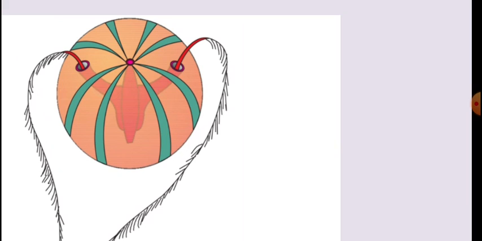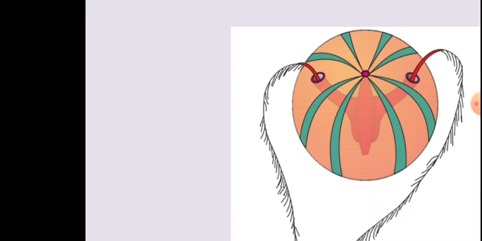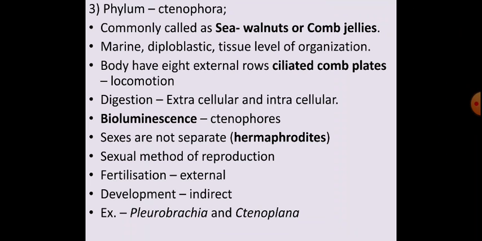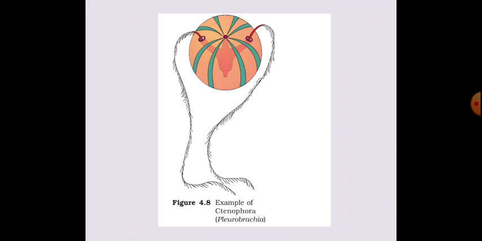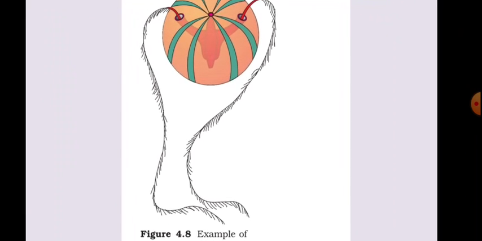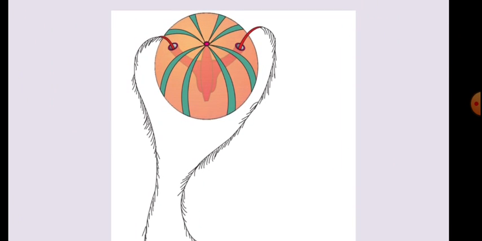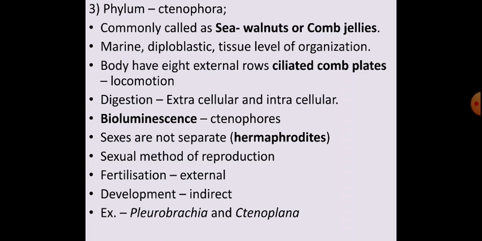These green color structures are called comb plates. The body has 8 rows of ciliated comb plates, and these comb plates help in locomotion.